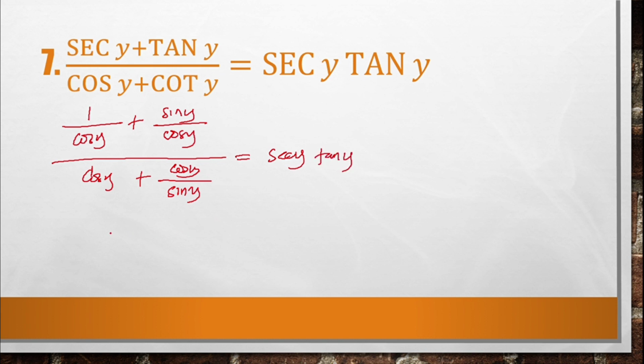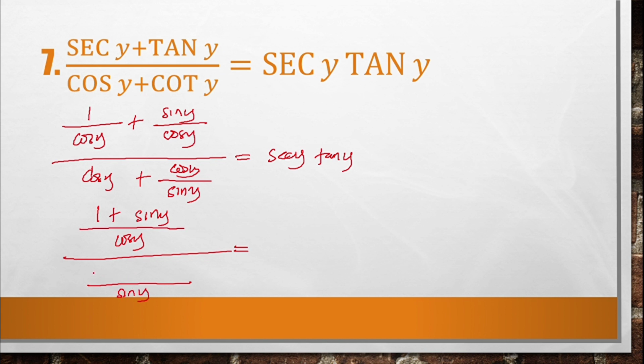So we have to find the LCD. The LCD of this part is cos y, and this is 1 plus sine y over cos y, and the LCD of this one is sine y.